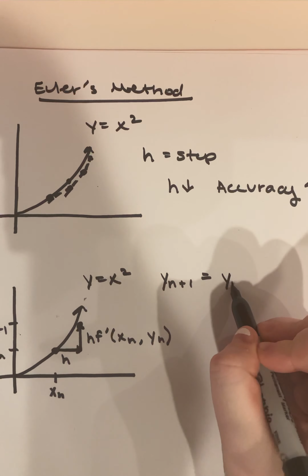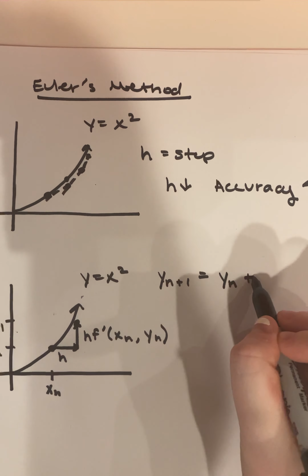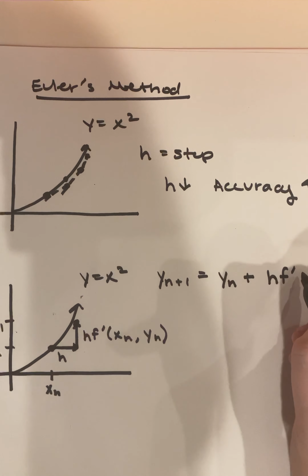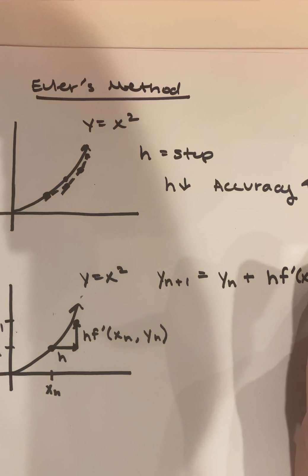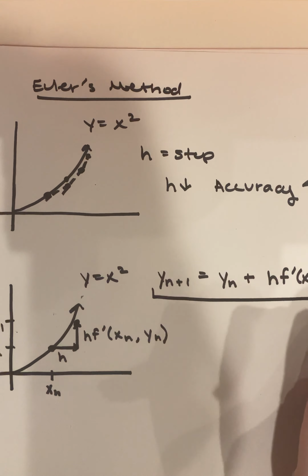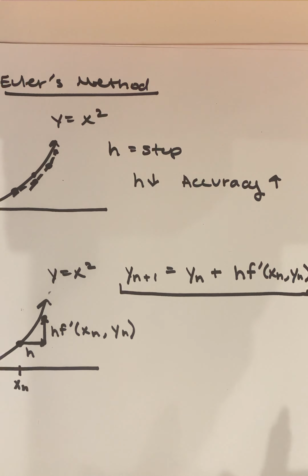So you're going to take y sub n plus h f prime of x sub n comma y sub n. And this is your equation in order to find the y value for your numerical approximation on the tangent line.